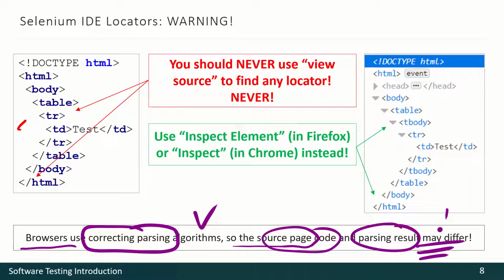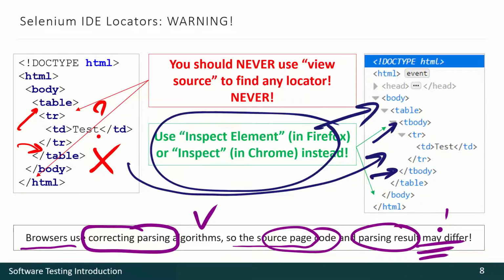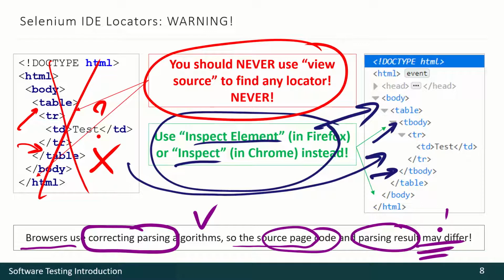Here we see that the tBody tag is missing. That's a bad situation. But after the processing, here we see that the tBody is present. So you can see this from inspect element or inspect, but you can never see the final result from view source. So never use view source. Absolutely use only this approach.